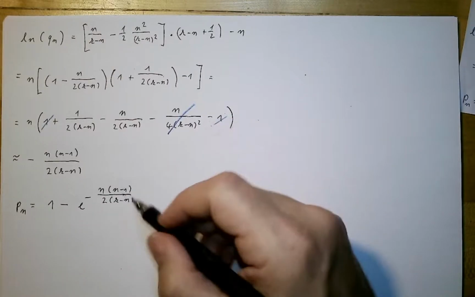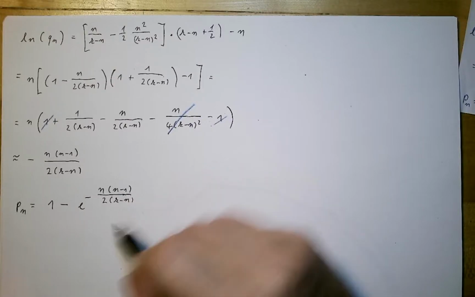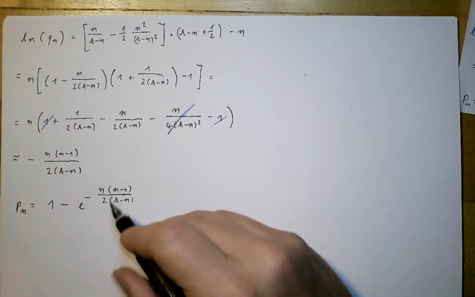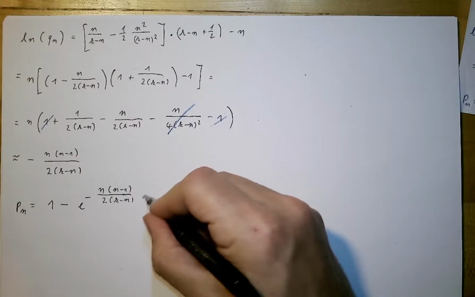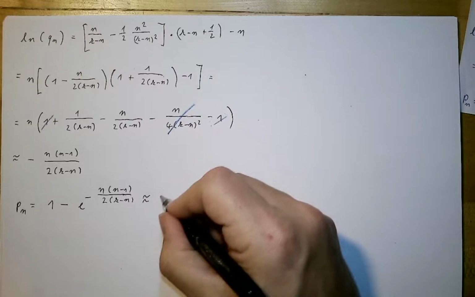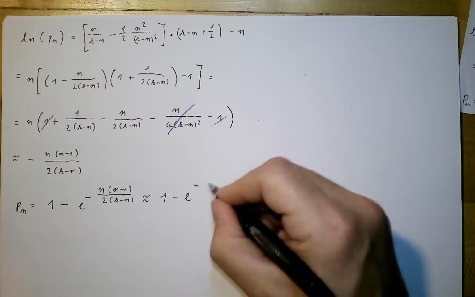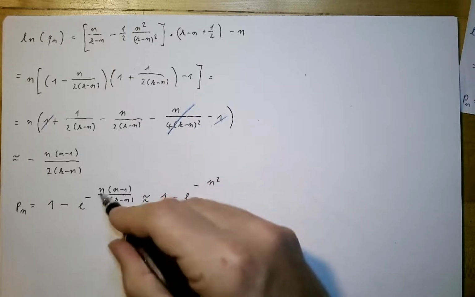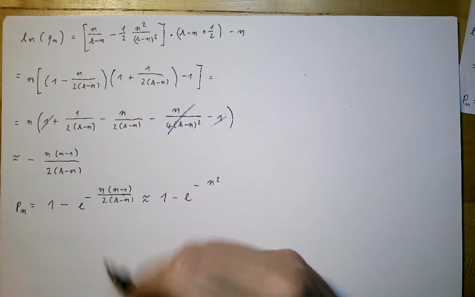Okay, and now that's already something. This you can put in your calculator, and this will give you numbers. But for simplicity, let's write it like this. That's 1 minus e to minus n squared. If this n is not too small, this is just n squared.